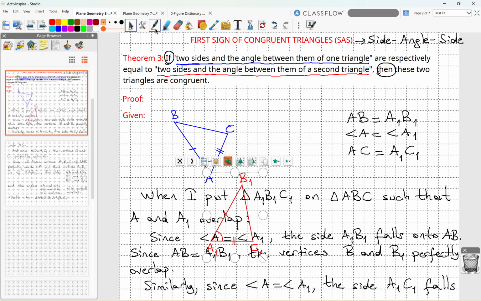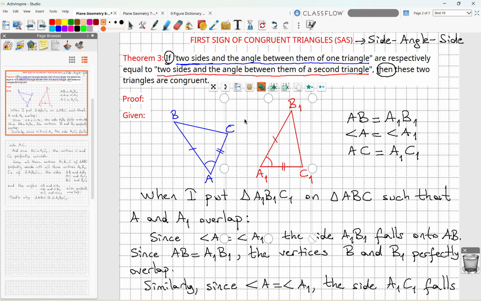So our first sign of congruent triangles, which is side angle side, has been proven perfectly, I believe. I hope that it's understandable.